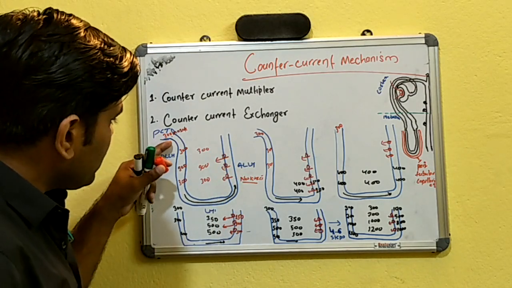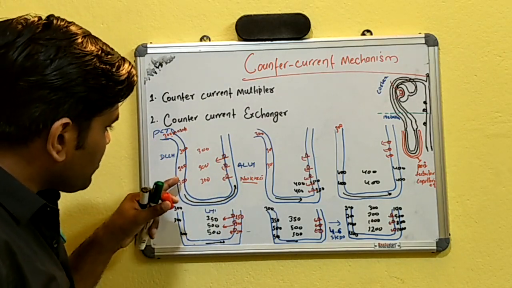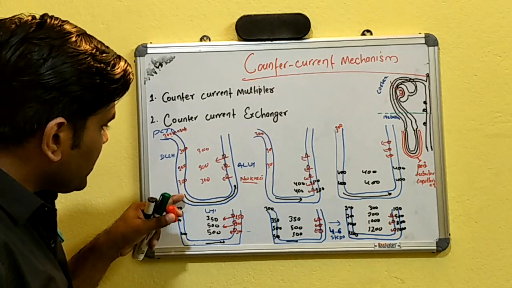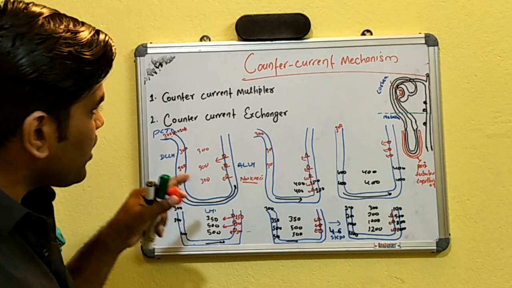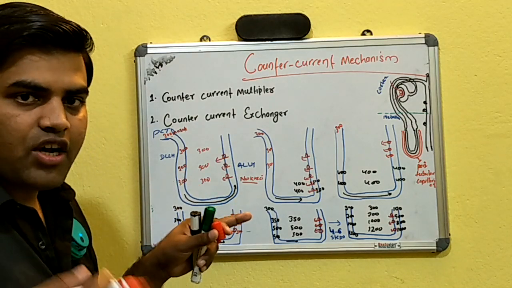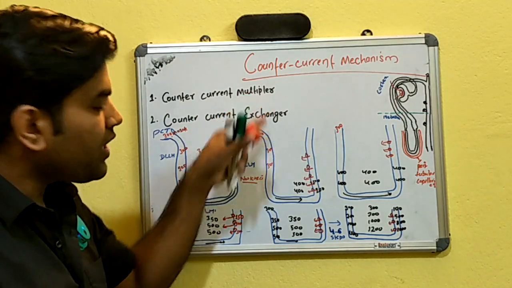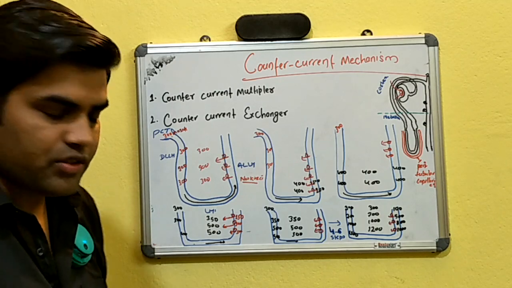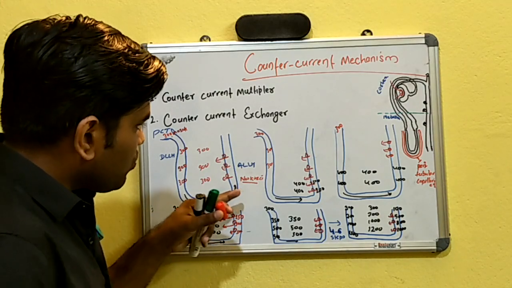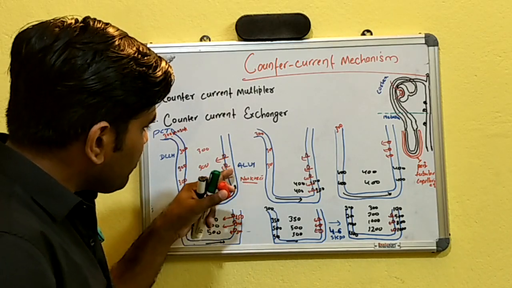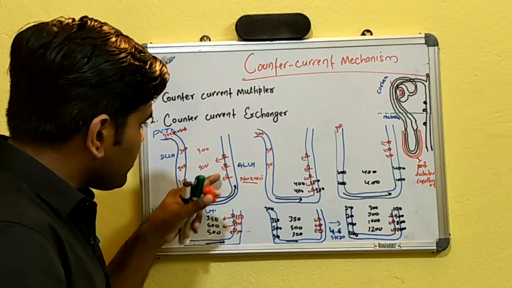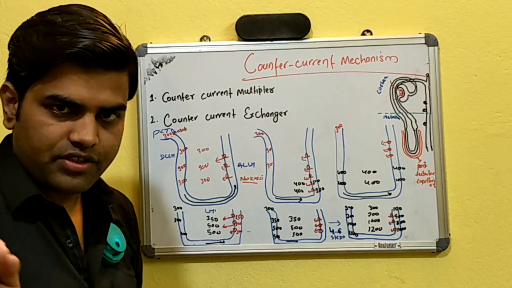This was isotonic. Because water has been absorbed but sodium is not, it would be hypertonic. How will that come about? This will be explained by the countercurrent multiplier and countercurrent exchanger that we will discuss. So this sodium-potassium-2-chloride pump will pump out the solute into the cell and then finally into the interstitium.